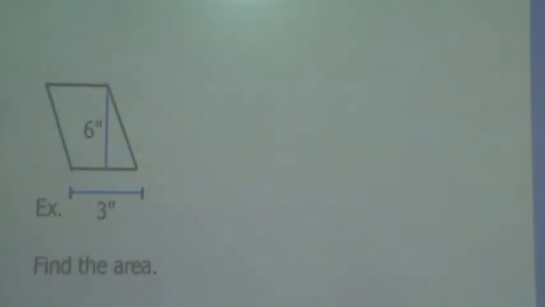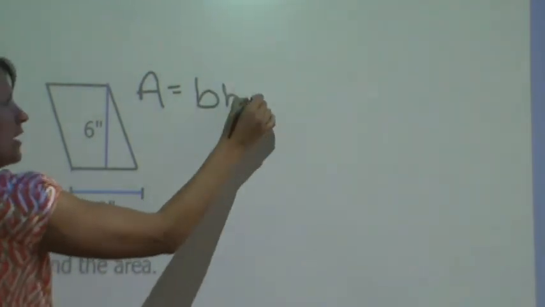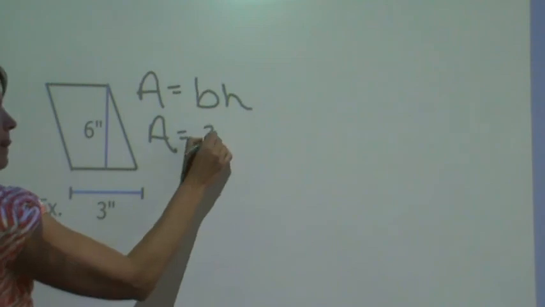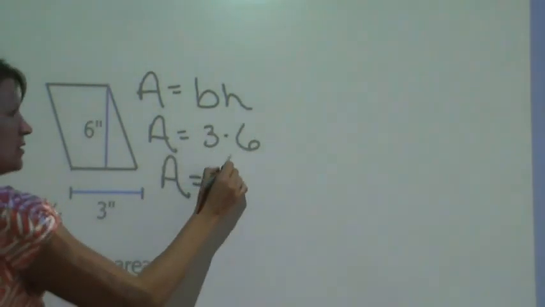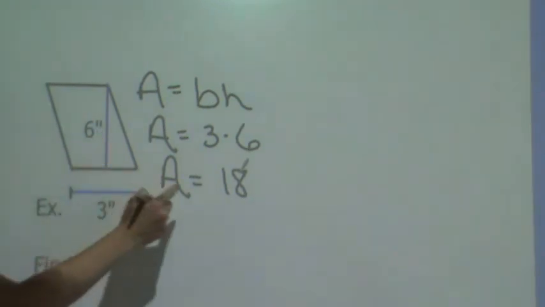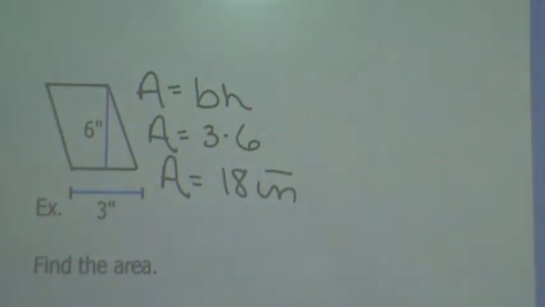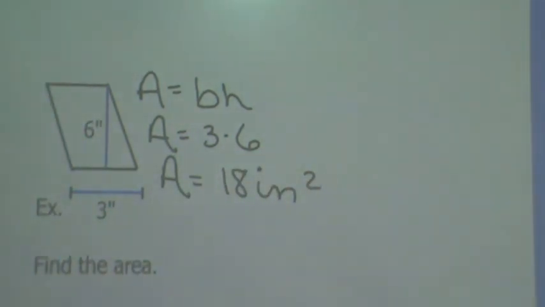Okay, so let's find the area. So the first thing we have to do is identify what shape it is. Well, it's a parallelogram, and the area of a parallelogram is base times height. So my base is 3, my height is 6, so I just go ahead and multiply them, 18, and then that's inches, so it's going to be inches squared. Okay, pretty straightforward.